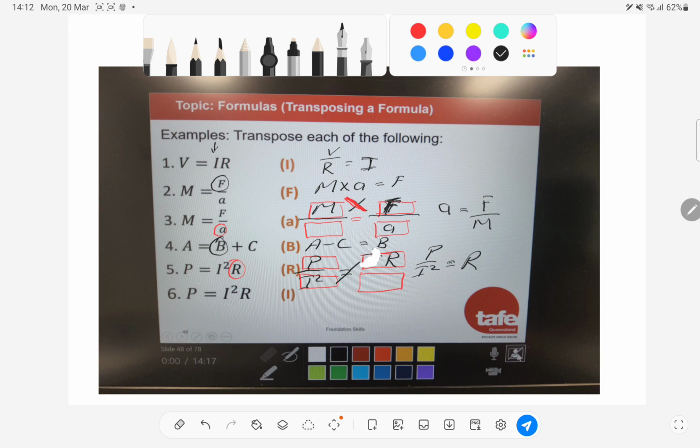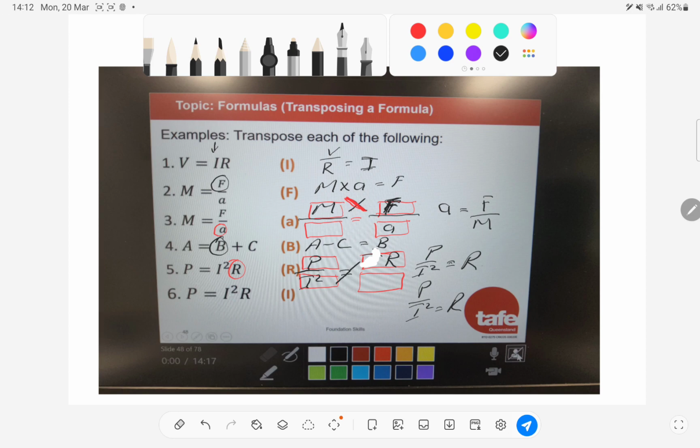The other method I can use is I can go P equals I squared R. It's multiplied. If I move it to the other side, it becomes a divide. So I'm just going to go P divided by I squared, and R is then left by itself. So that's all for the same one.